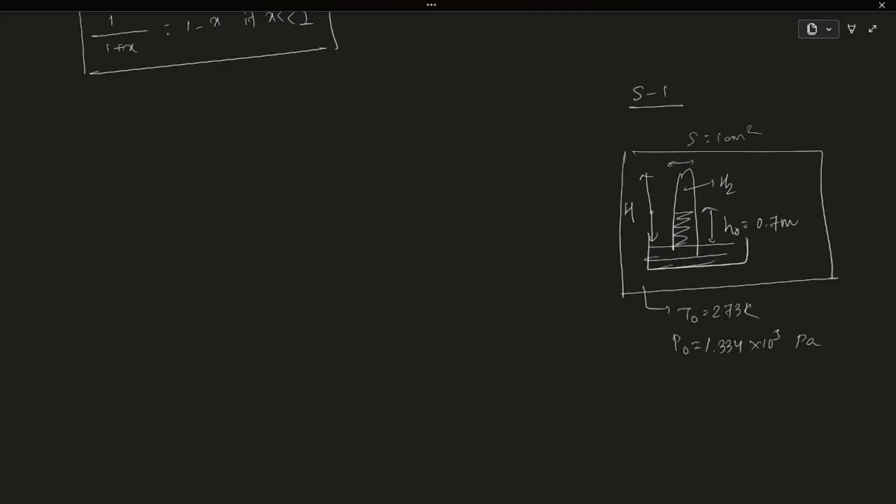So I can write, first, the pressure term, PV equals nRT, the ideal gas equation.